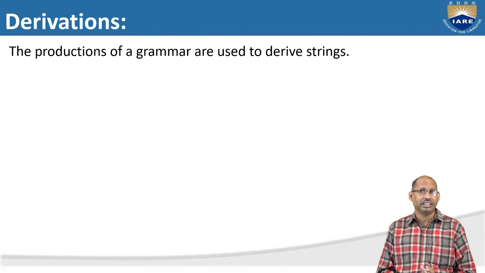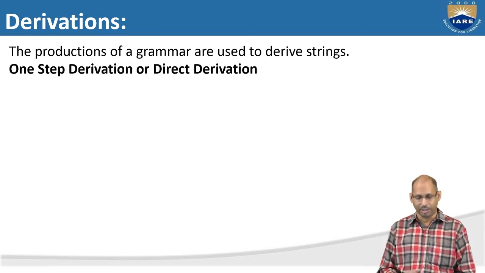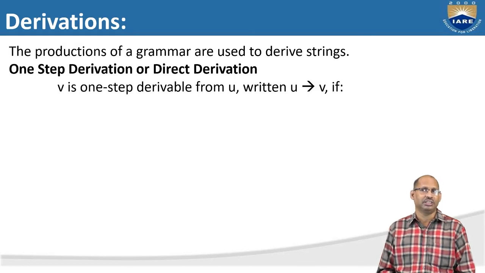If the string is derived by the productions of the grammar, then we say the string is accepted by the particular grammar, right? So one-step derivations are direct derivations. Here V is a one-step derivation from U, written as U implies V. So V is derived directly from U, right?